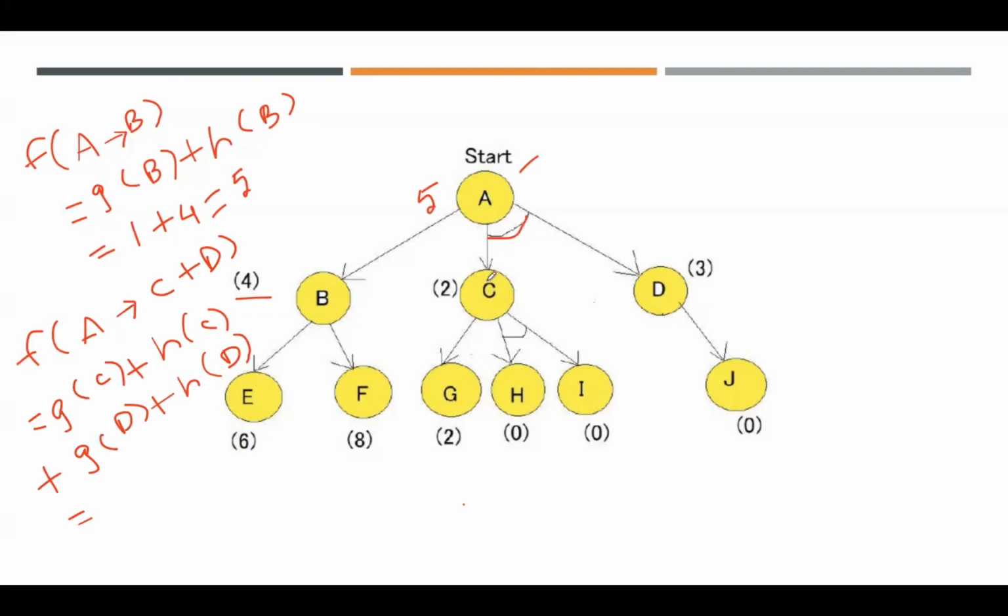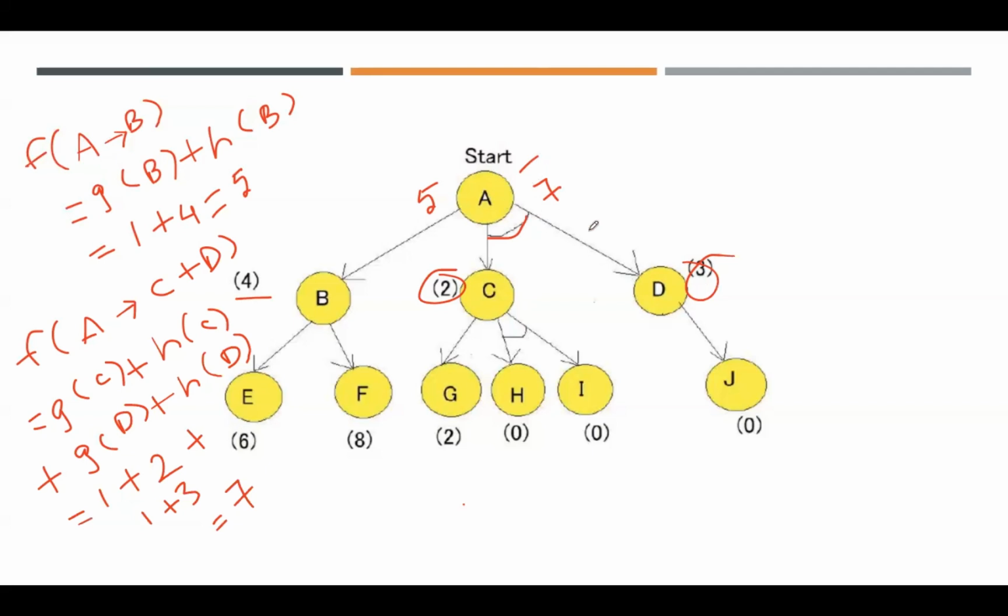G of C is 1. All g values are 1. H of C, the heuristic value on C, is 2. Again, g of D is 1, and the heuristic value on D is 3. So this value is 7. After calculating the path cost for both C and D together, we got the path cost from A to C plus D as 7.